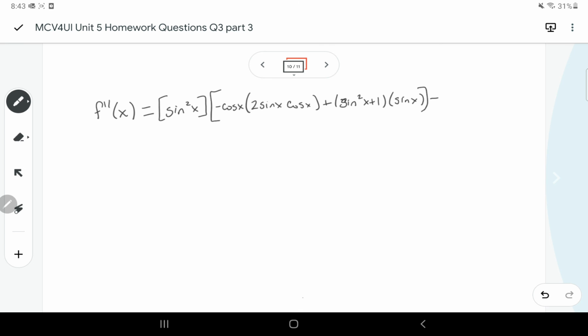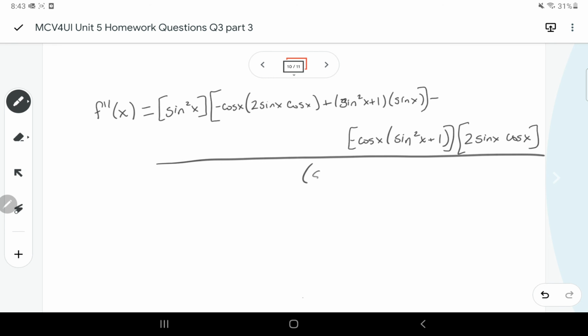Minus, now I'm just going to continue this down on the next line because I'm out of space. So now I'm going to have minus the top, which is negative cos x times sine squared x plus 1, times the derivative of the bottom, which is 2 sine x times the derivative of sine, which is cos, all over the denominator, so sine squared x all squared.